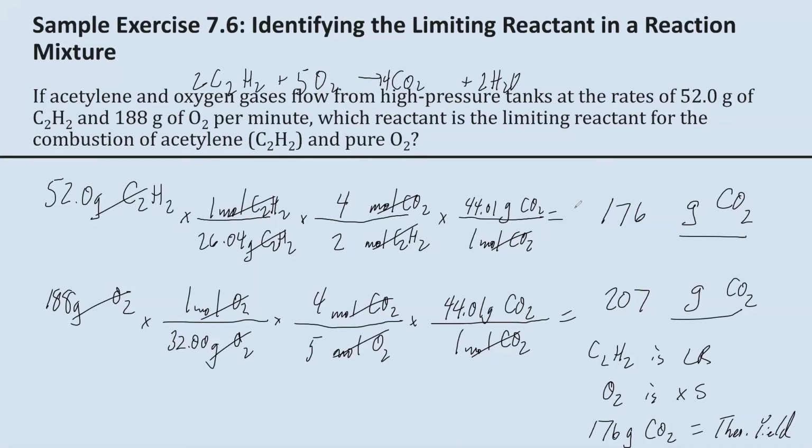Now, there is one other thing that we could be asked to do. This might show up on one of your homework problems, might even show up on an exam. So be aware. What do you know about the oxygen that's left over? So what if you wanted to figure out how much oxygen was left over after the reaction was done? There are a couple of ways that you could do this. The easiest way is take these 2 products and subtract them from each other.